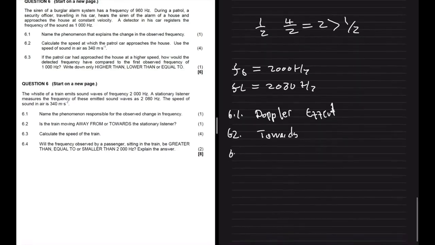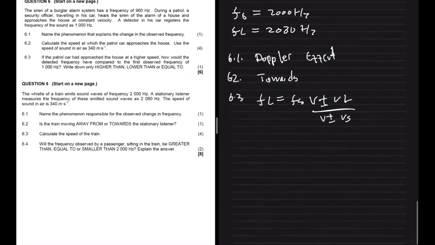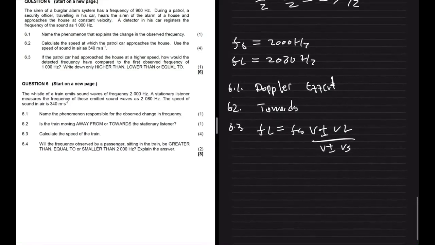6.3, calculate the speed of the train. F of L equals F of S. Sticking to the basics again, the formula we use is V plus or minus VL, divided by V plus or minus Vs. The observed frequency is 2080 Hz, equal to 2000 Hz.